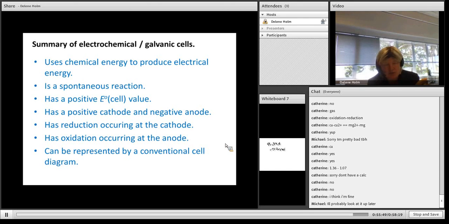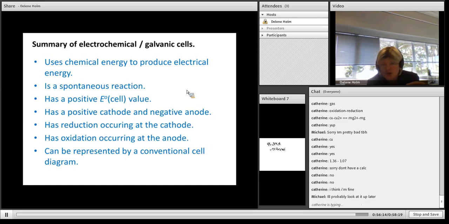So next week we'll look at electrolytic cells, the opposite of these, the ones that use electrical energy to produce chemical energy. So think of a battery. When you've got a battery, it gives off energy, but when you recharge it, is it still an electrochemical cell? Was it still a galvanic cell when we're recharging that battery? No, it's not.